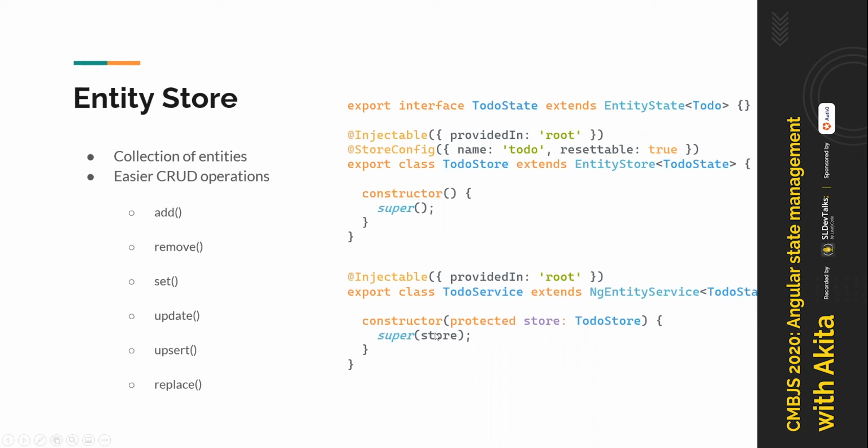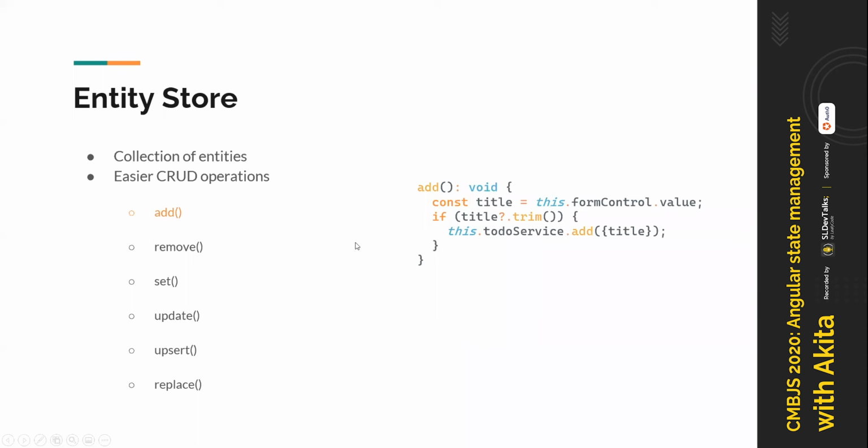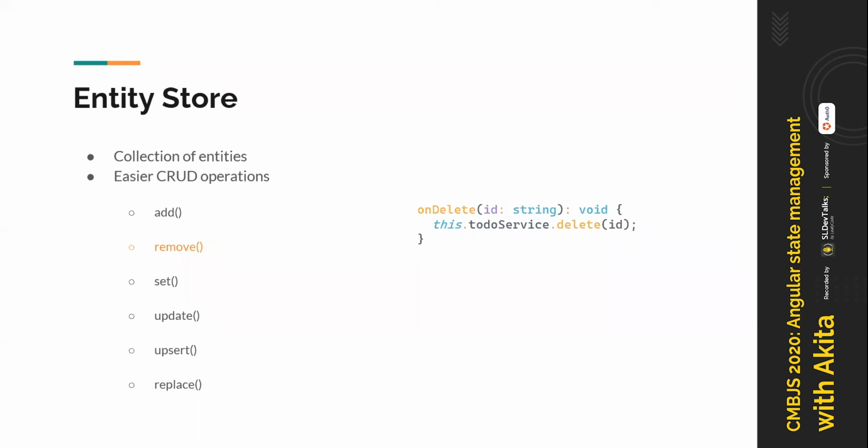No add method, no update method. These are all inbuilt. So I just need these few lines and I can manage my entity store easily. To do service.add and I can pass the variables. And if I want to remove, I can just pass the entity ID. So these things make some of our development pretty easy.